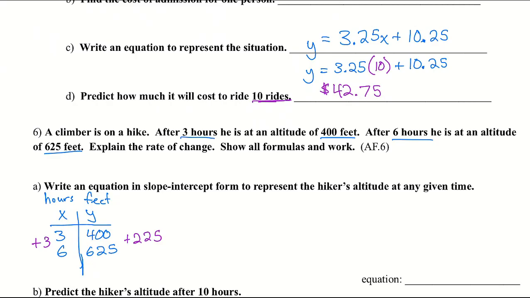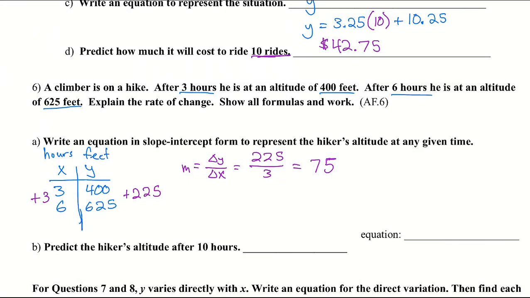So my slope, my m, which is the change in the y divided by the change in the x, is going to be 225 over 3, which is 75.